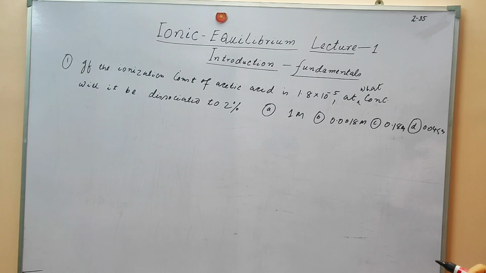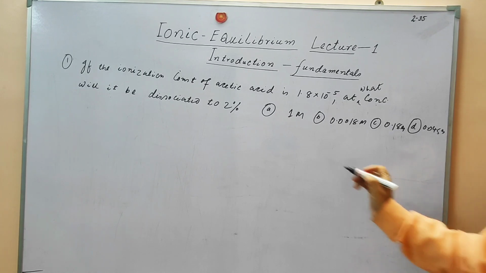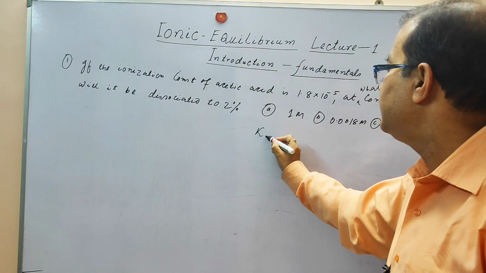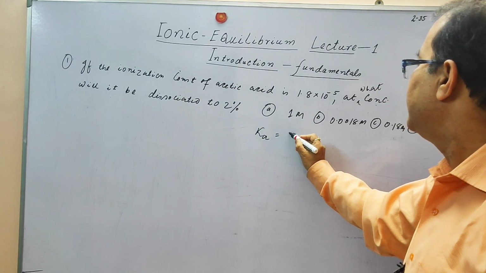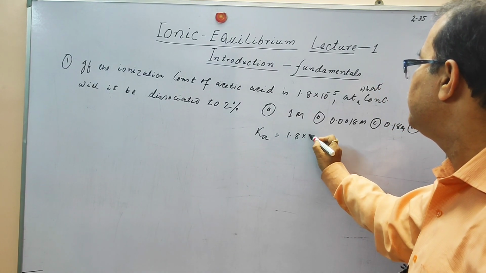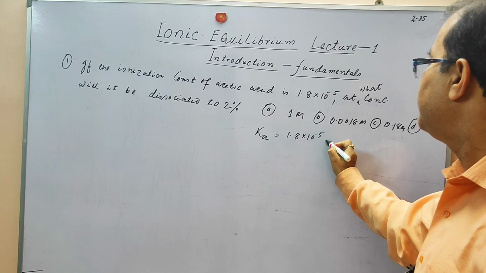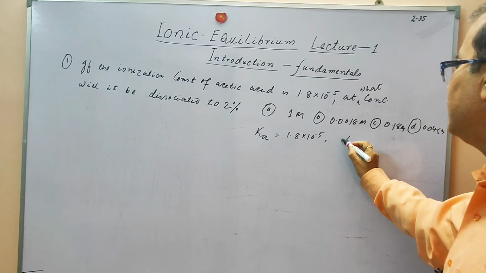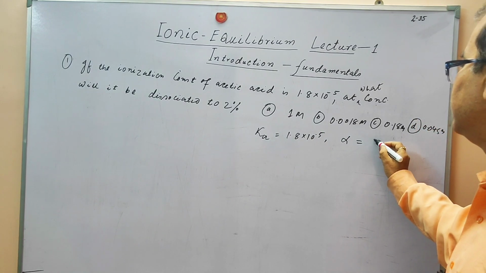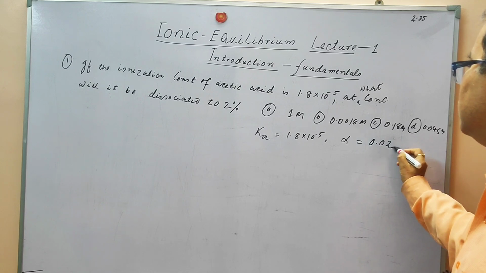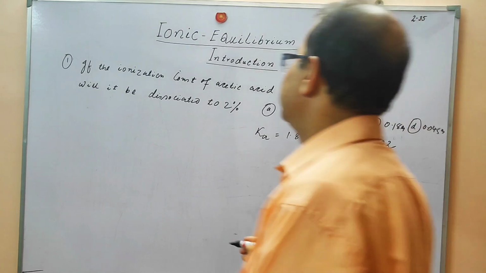Means you have been given two things, that is Ka, 1.8 × 10⁻⁵, and the alpha, that is 0.02, and from this you have to calculate the concentration.